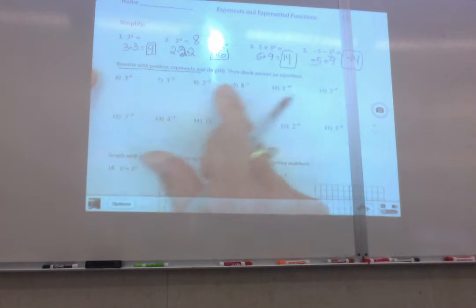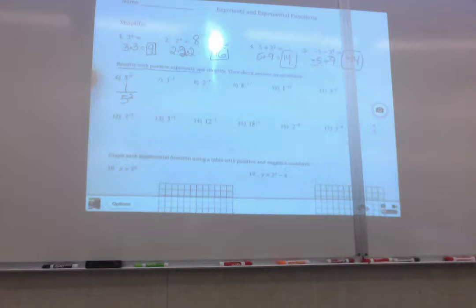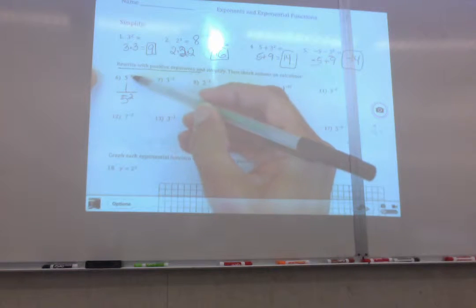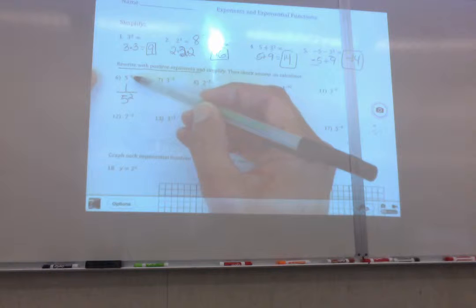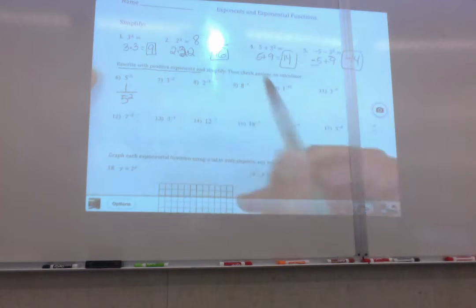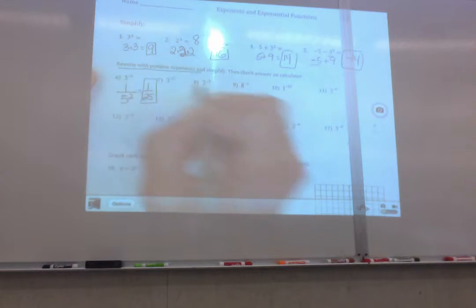And all of these are not fractions yet, so that would mean put a 1 on top and bring the 5 squared down. So that negative 2 means you can square this 5 if you put it on the bottom of a fraction. Don't square it yet. Put it on the bottom of a fraction, and then you're going to go 5 times 5, but on the bottom of the fraction. So this is 1 over 25.